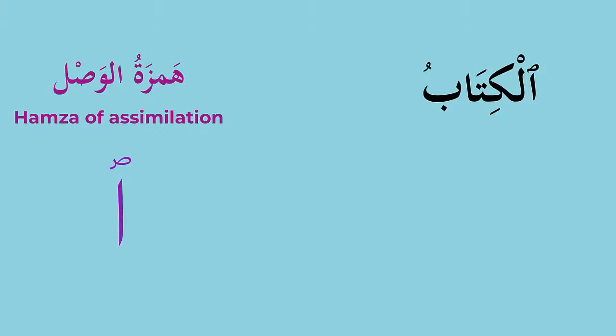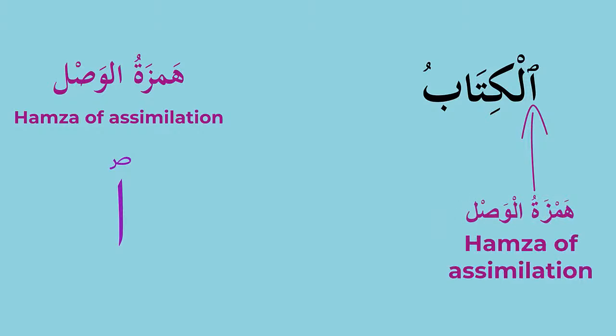If I write down, brothers and sisters, Al-Kitabu. What is this, brother? No. Alif has no sound. It is Hamza. But you see, you are reading it as Al. You gave a vowel sign on Hamza, and you gave a sukoon on Lam.